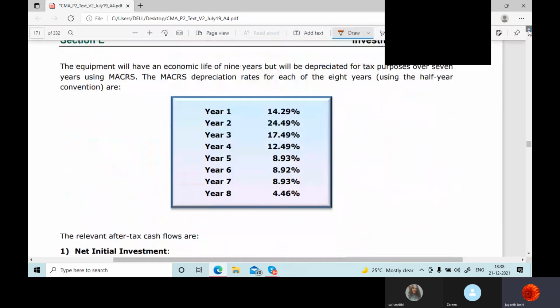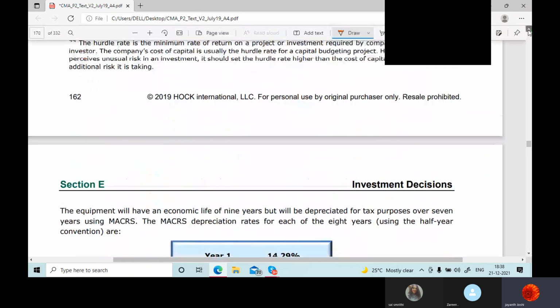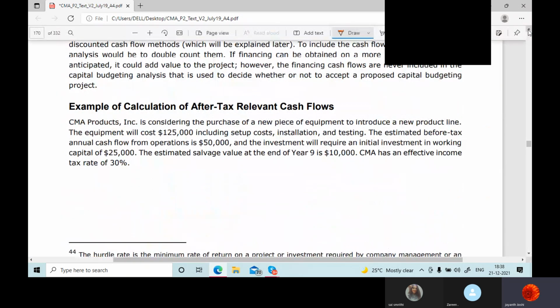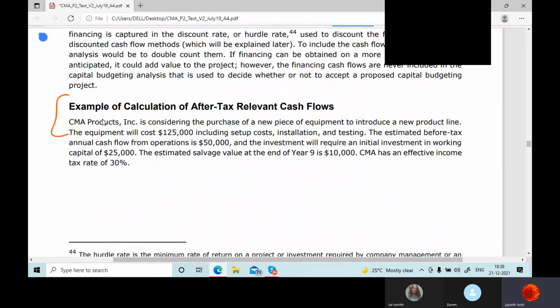They have given you one more example for the MACRS method, and you can read this question. CMA Products Inc. is considering the purchase of a new piece of equipment. The question we were seeing earlier, the same question they have given here.